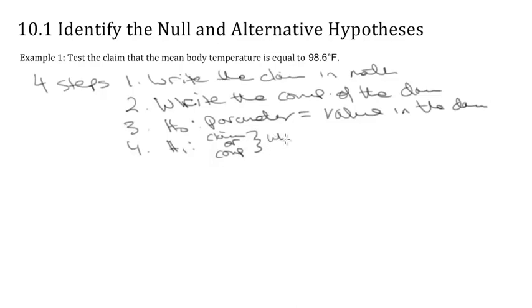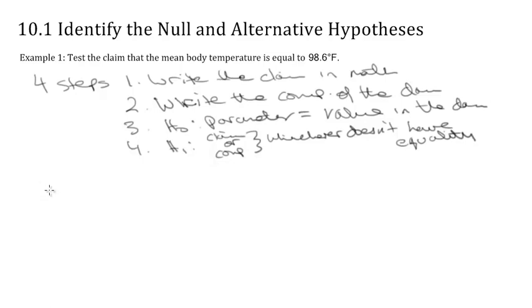It'll be whichever doesn't have equality. And the idea behind this is the alternative hypothesis has to be a true alternative to the null hypothesis. If the null always has equality, the alternative can't have equality.